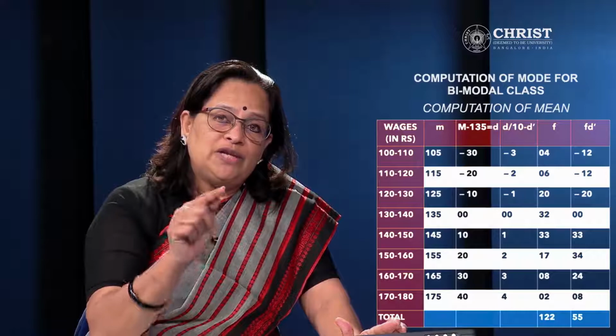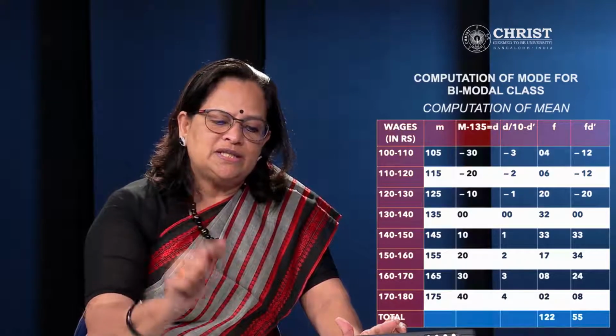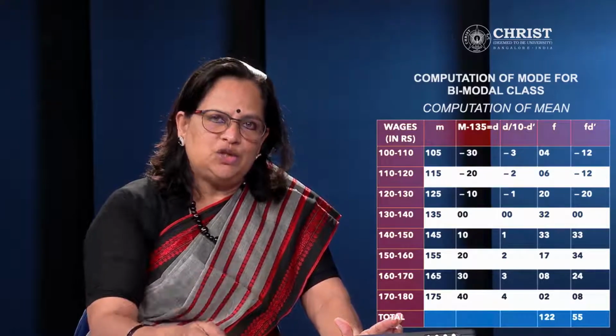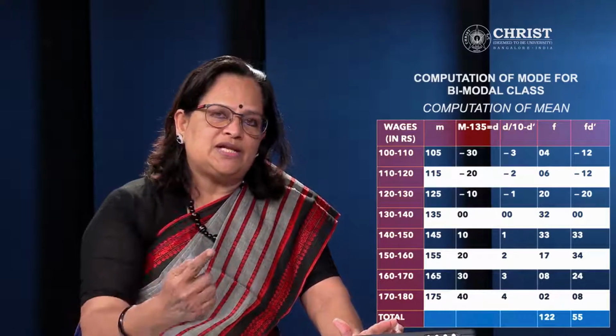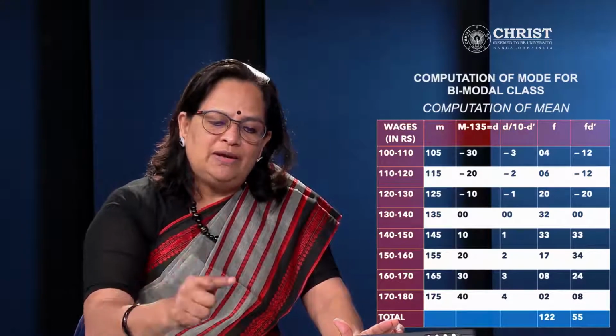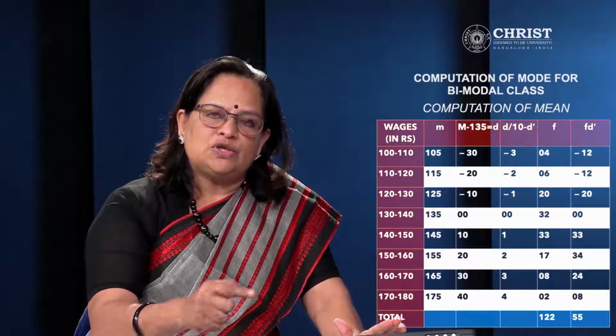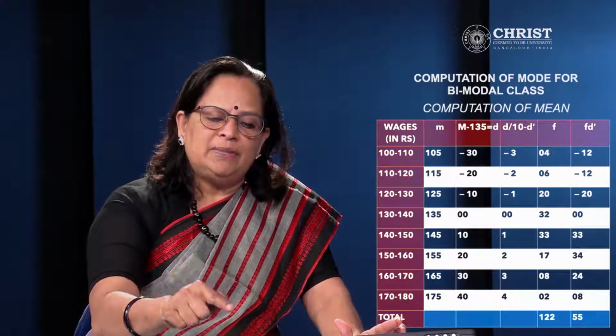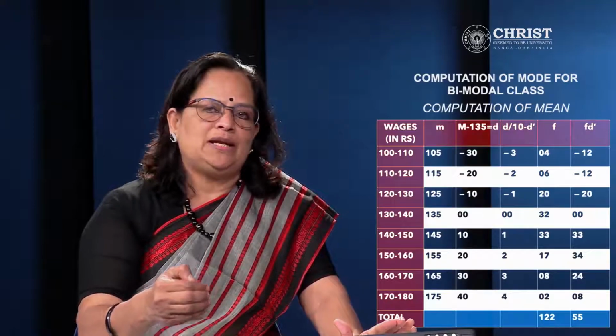That will give you the deviations, which we represent as small d. The values are minus 30, minus 20, like that. Next is d dash, that is d divided by the class interval. Whatever values you got in the previous column, divided by the class interval 10, you get d dash: minus 3, minus 2, minus 1, like that.